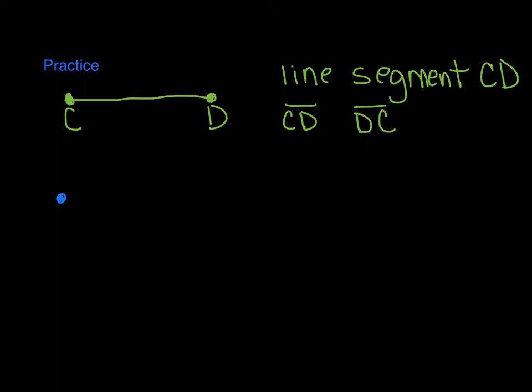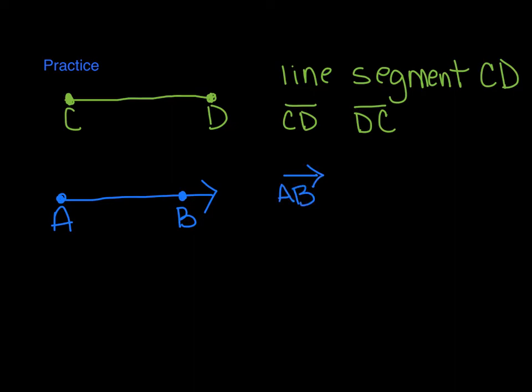Now, if your direction said draw ray AB, you're going to draw an endpoint, and then you're going to use your ruler just to extend that out and put your arrow. You would put an A here, and then you would put a point down here somewhere before your arrow, and this would be ray AB.